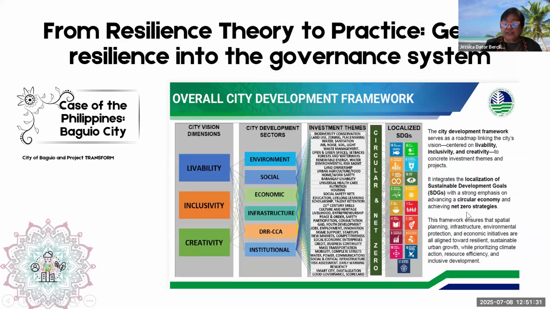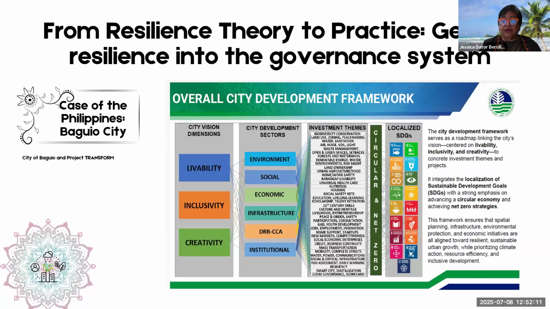Now, since we're talking about cities, let me give you an example from the city of Baguio. For those of you who have visited the Philippines, Baguio City is an upland city. It's bursting at its seams. But the local government wants to make sure that it becomes resilient and is still able to sustainably develop. So it anchored its plans of action in the sustainable development goals, which factors in resilience as a pathway.